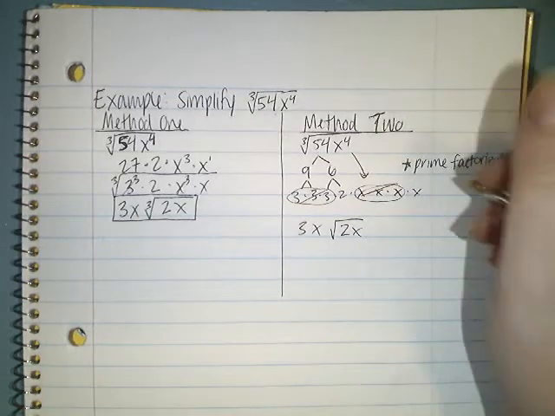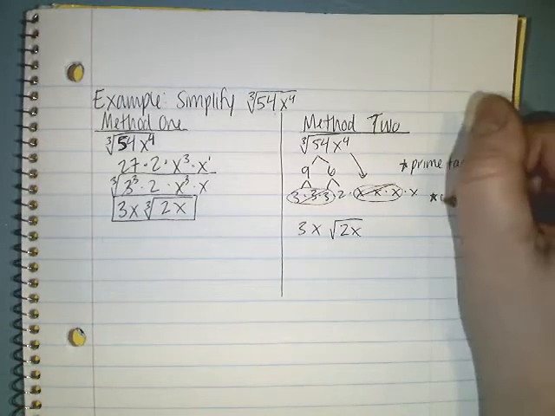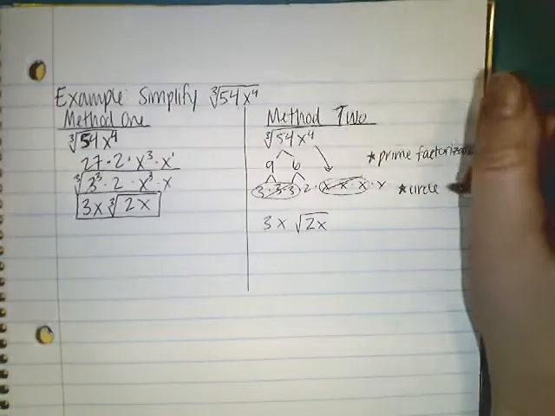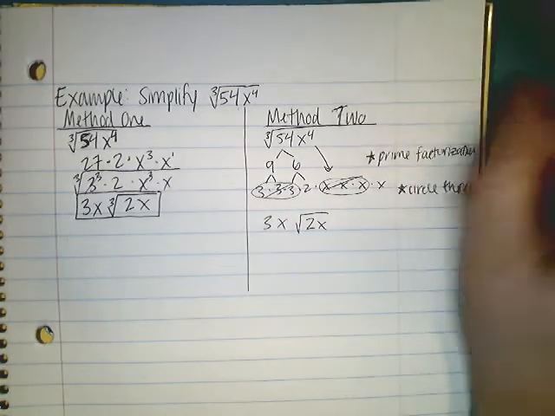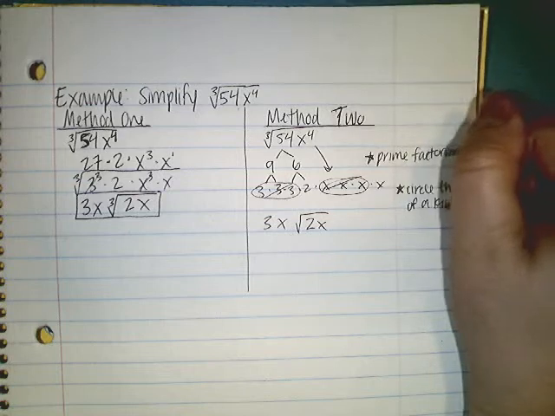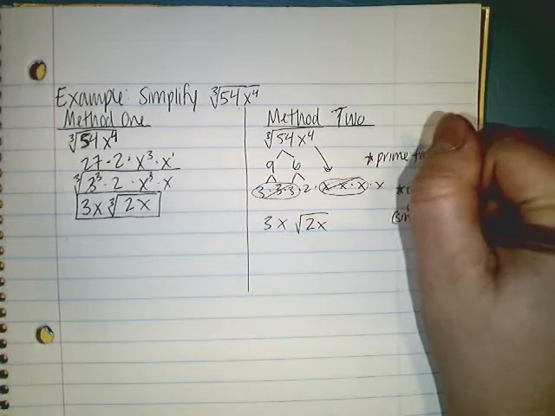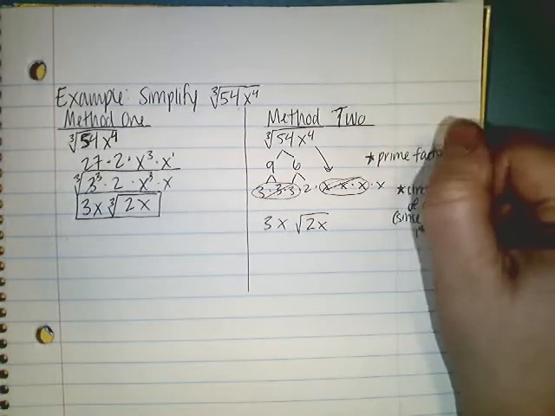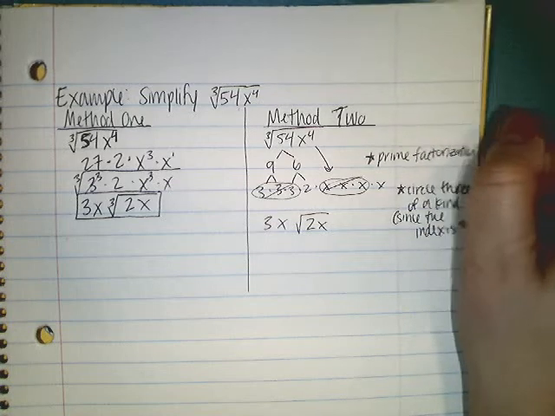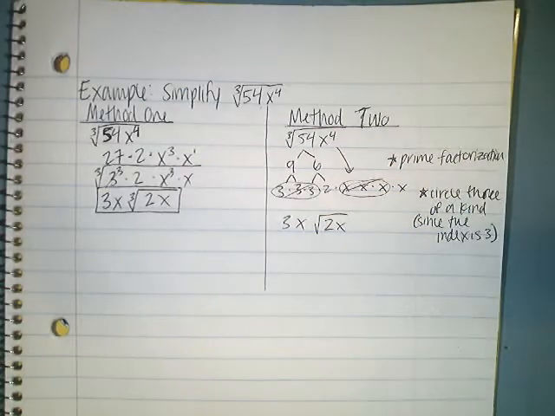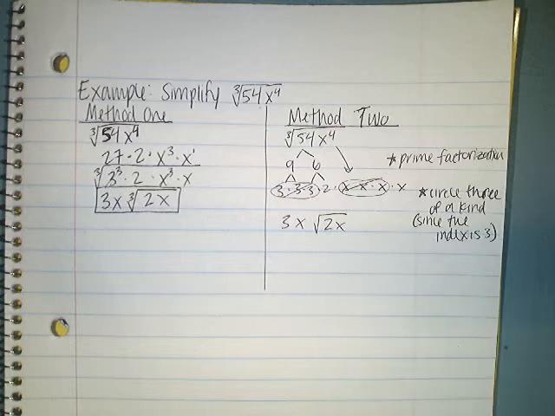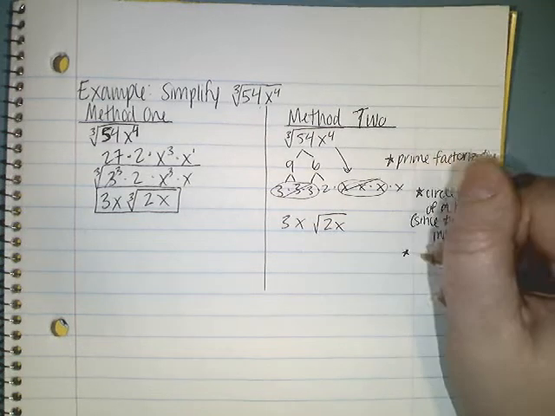So I find the prime factorization, circle 3 of a kind, and this is since the index is 3. If the index were 4, I'd have to circle 4 of a kind, but since the index is 3, I'm circling 3 of a kind.